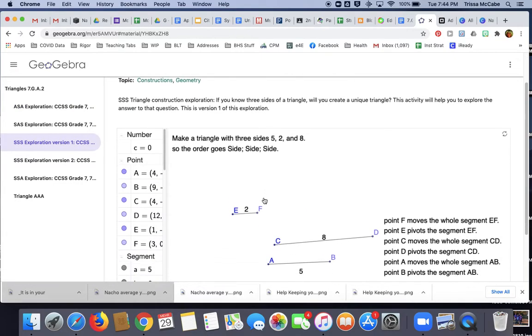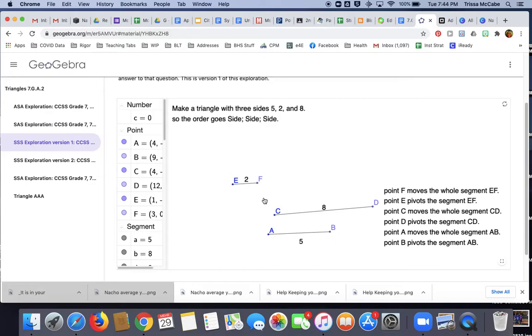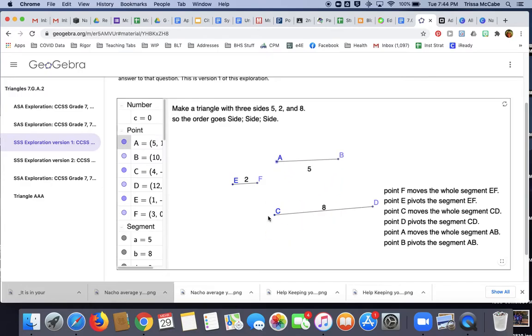Let's go ahead and look at another exploration. I'm going to look at this one where we have 3 sides. We're going to have a side with a length of 2, with a length of 8, and with a length of 5. And the job here is to create a triangle. So what I'm going to do is I'm going to put this one down here, and I'm just going to go ahead and attach E over here to that side.